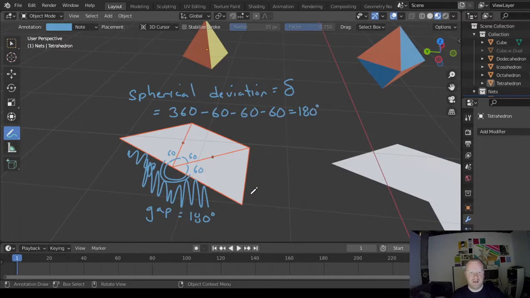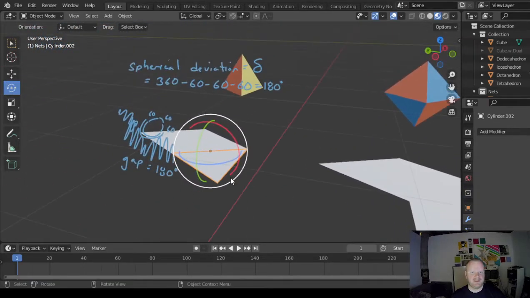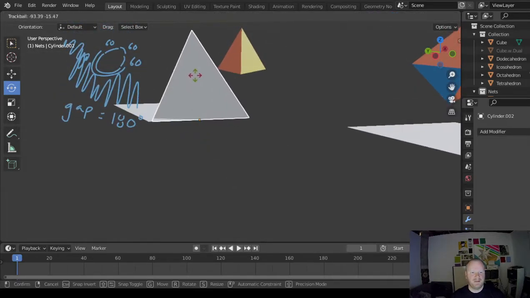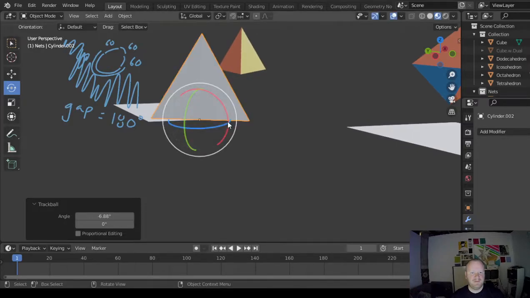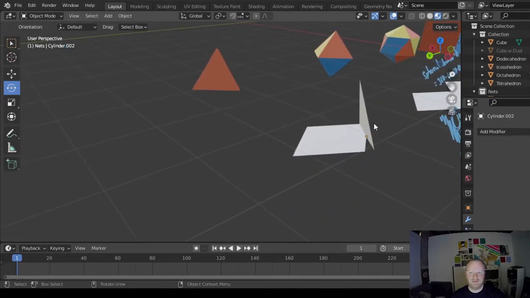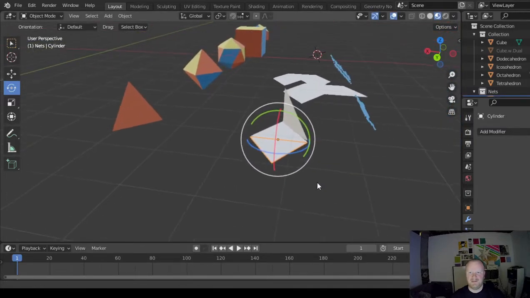Just to show you what's happening with this particular net and how these 3 triangles form this tetrahedron, I'm going to quickly rotate these pieces. This is going to get misaligned for a second. Like that, so you can take these missing pieces and fold them a little bit.